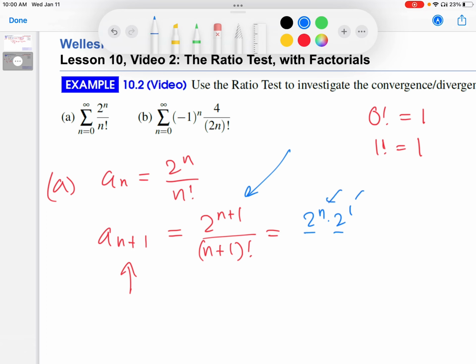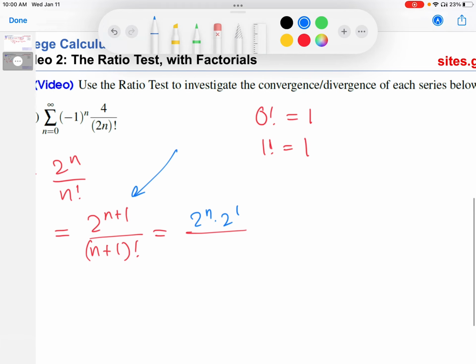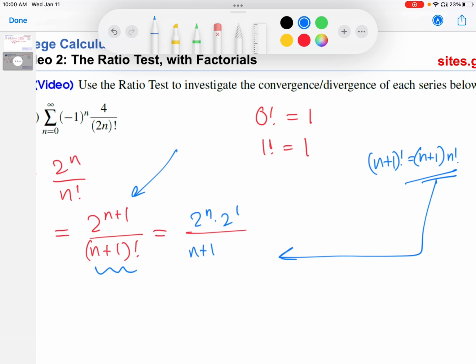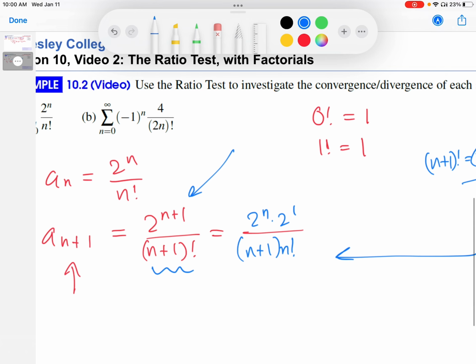Same base, rules of exponents. And then next, the denominator is n plus 1 factorial. If you go back a minute or so in the video, we talked about this property, so we're just going to slot that in here. n plus 1 factorial is n plus 1 times n factorial.